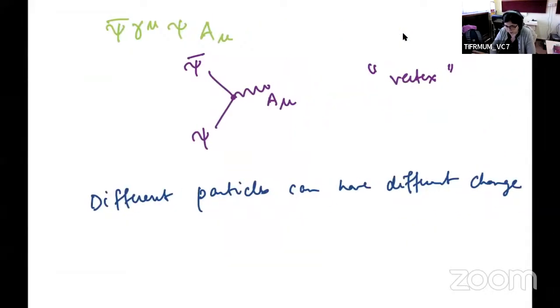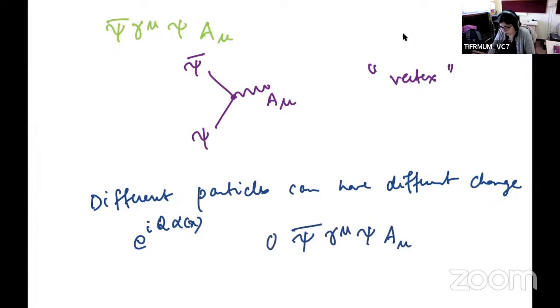But what you can instead have is you can have each particle have its own charge. Okay? And then the coupling of each particle to a mu will also have the same charge. Okay?